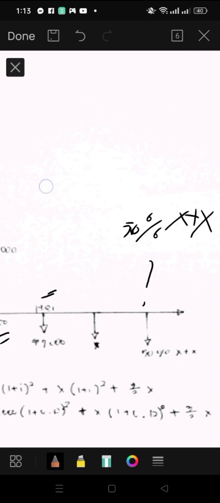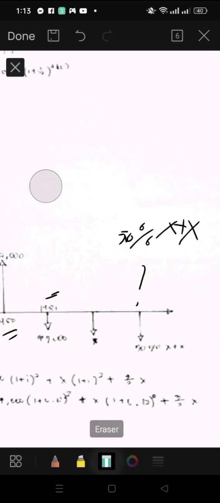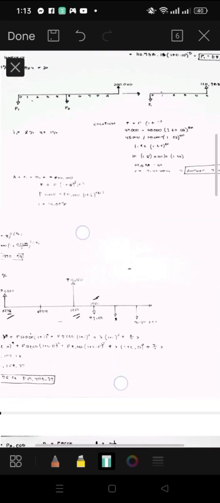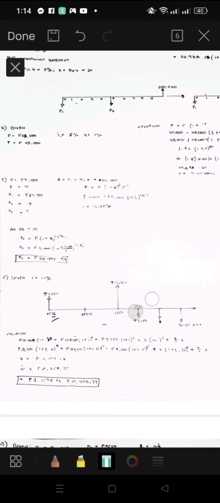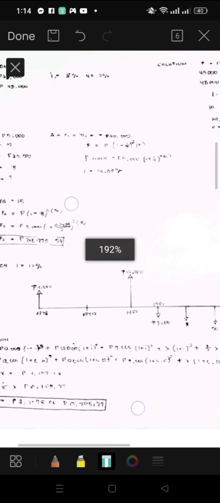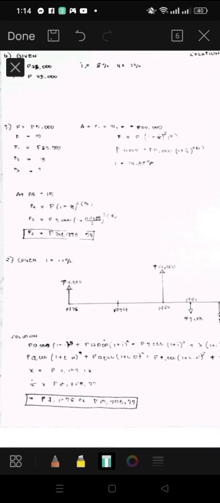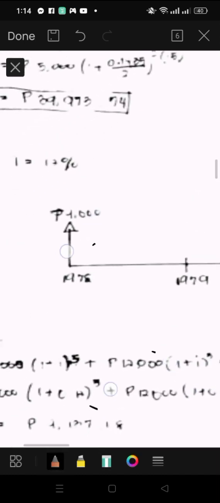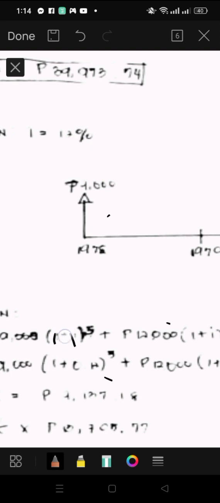So here is the solution for the formula of P. Let us use the formula of P, quantity 1 plus i raised to the power of 5, since this is a 5.